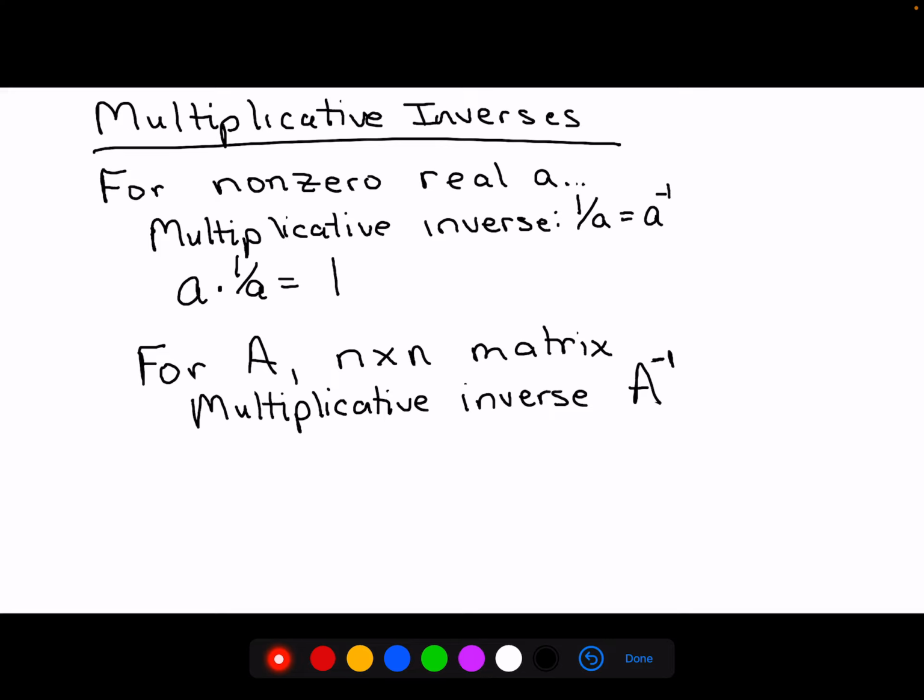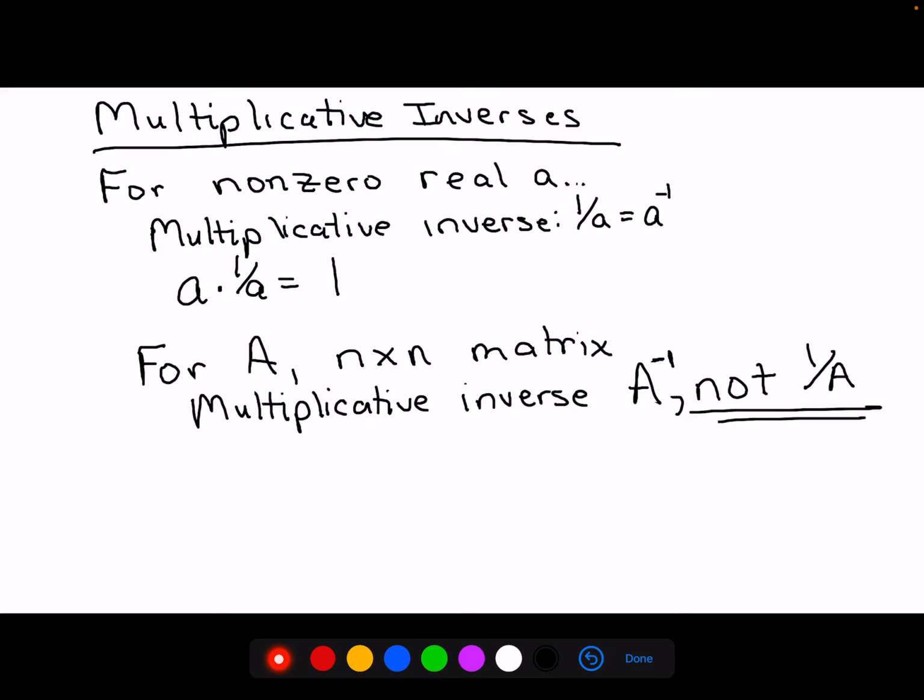But with matrices, this is not the same. You cannot write the multiplicative inverse for matrices as 1 over the matrix. It's something different, something else entirely. So anyways, just a little note there.